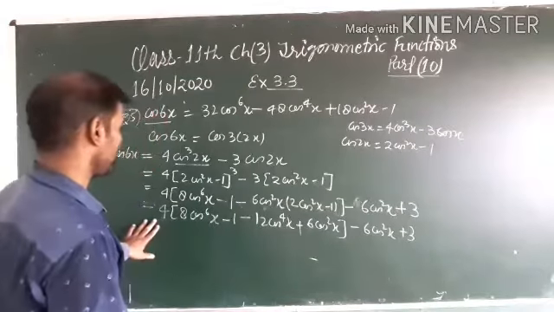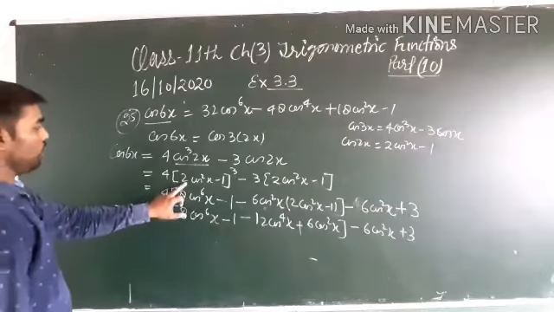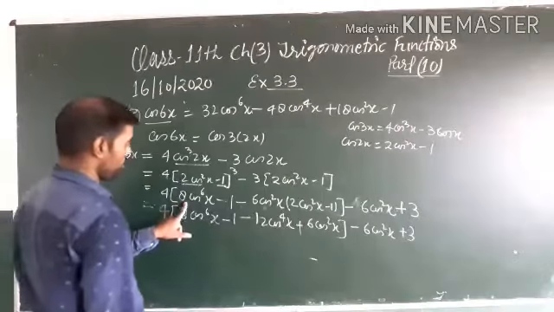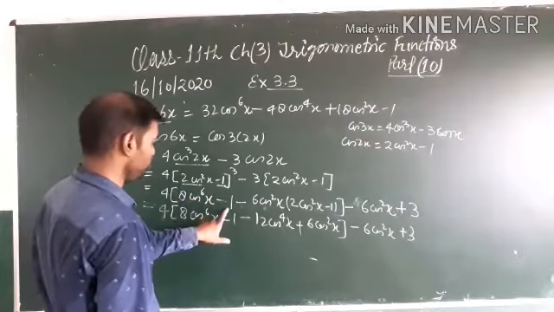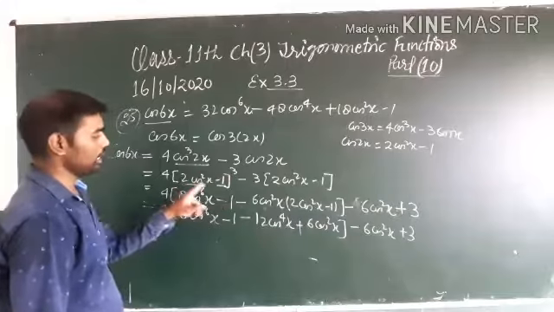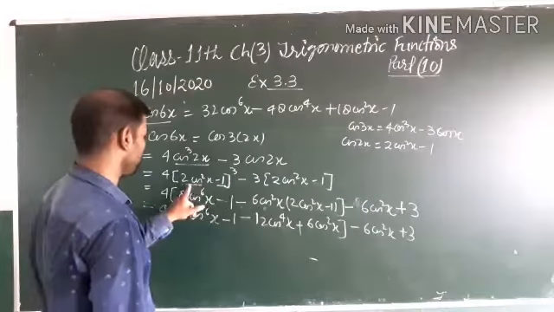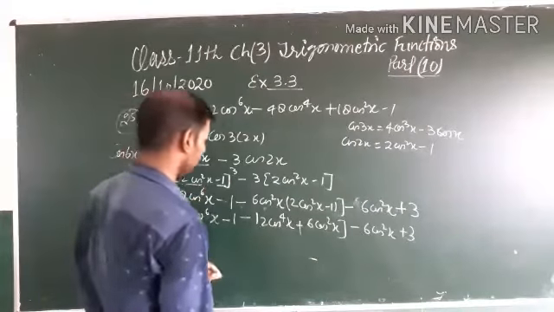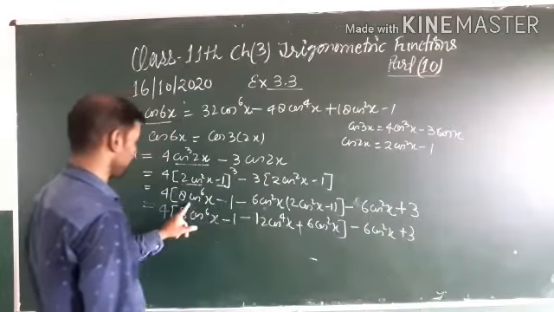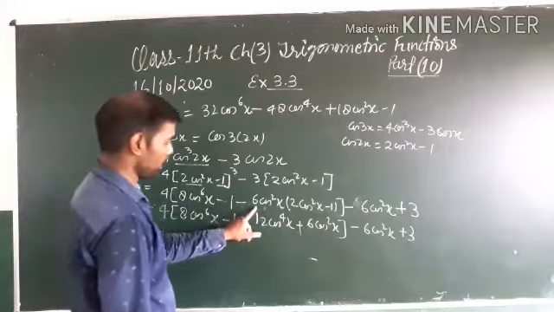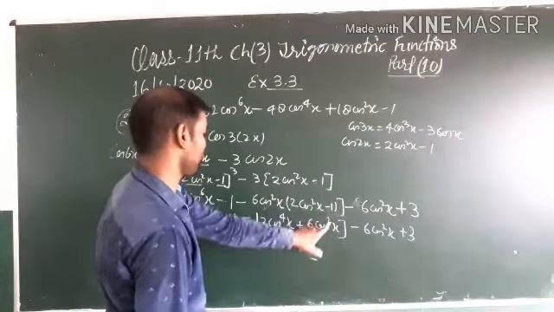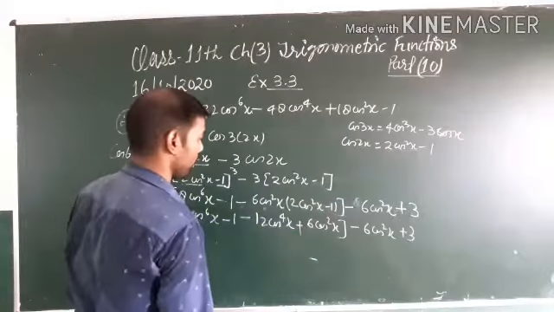This is (a minus b) cube, it means a cube minus b cube minus 3ab. It means 3 into 2 is 6, and minus 6 into 2 is 12 cos 4x, and minus into this minus, that is plus 6 cos square x.